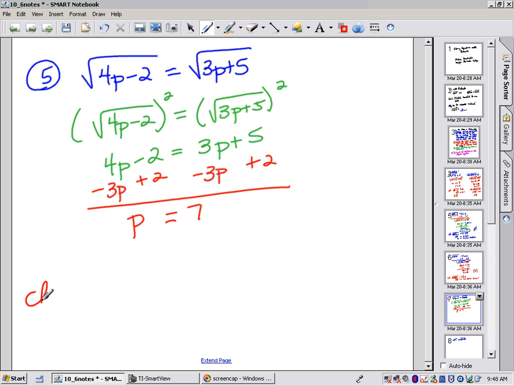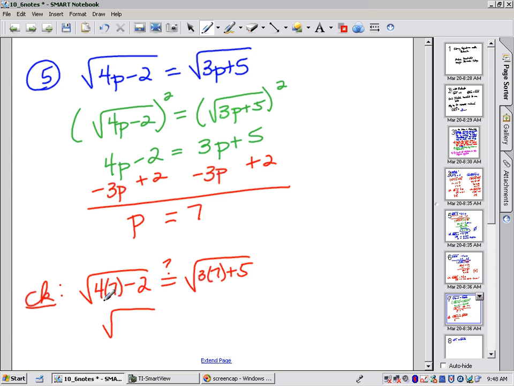So to check, is the square root of 4 times 7 minus 2 equal to the square root of 3 times 7 plus 5? So this is 28 minus 2, which is the square root of 26. This is 21 plus 5, which is the square root of 26. So yes, both sides are equal. So the value of 7 does satisfy the equation.